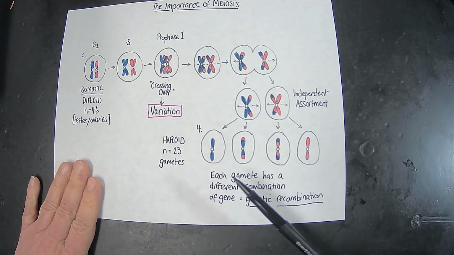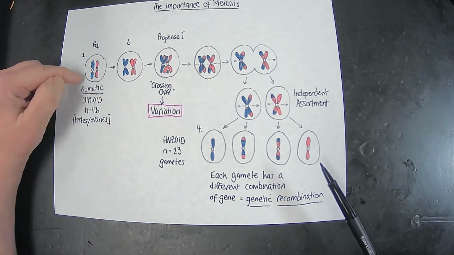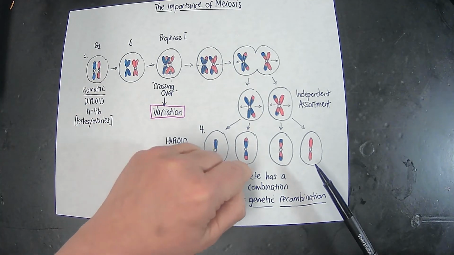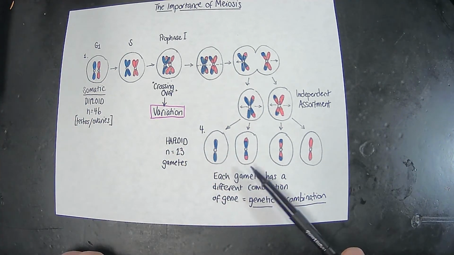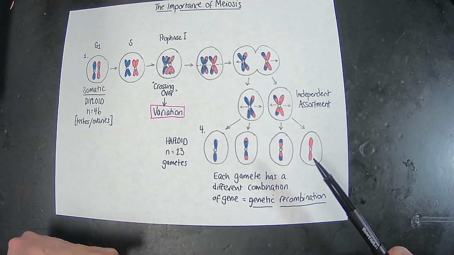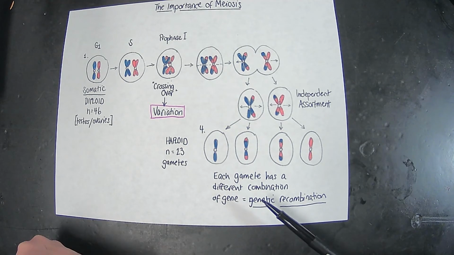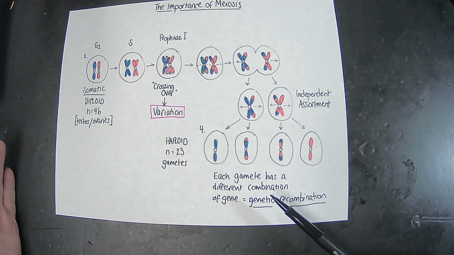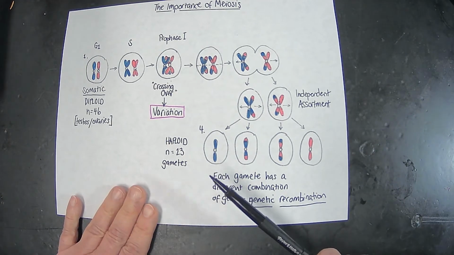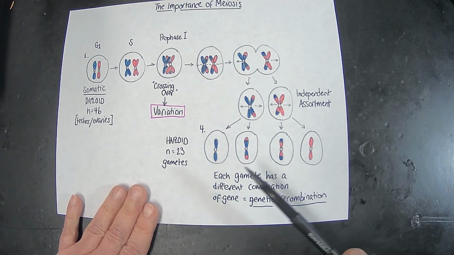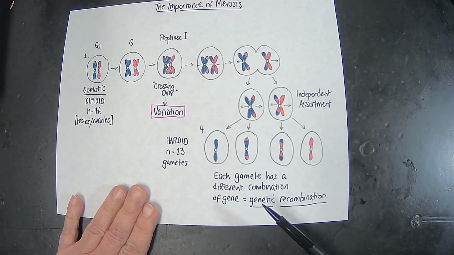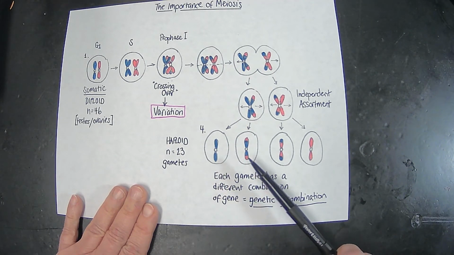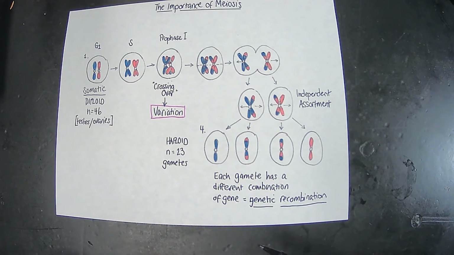If this is the sperm cell, so even though these 4 sperm cells all came from the same cell, because they are all slightly different, that means that any fertilized egg cell is going to be slightly different. So if you think about you and your siblings, you may have some characteristics which are more like your mum, some which are more like your dad. You may have some which are more like your grandparents. But not one of you has exactly the same combination. So there are all slight differences, and that's one of the most important things about meiosis.